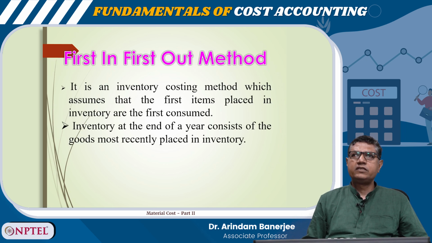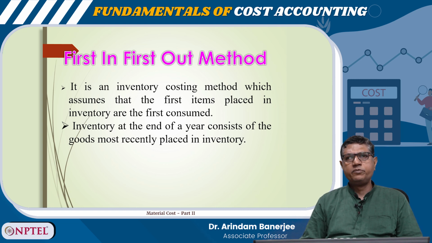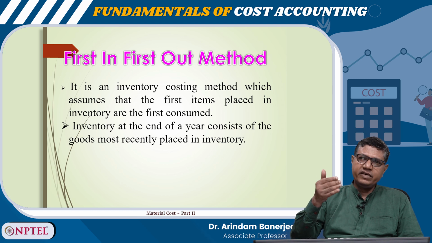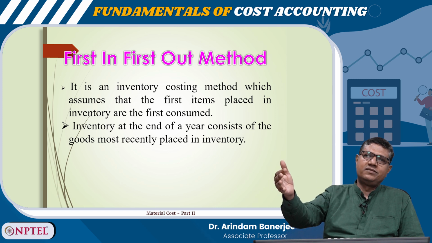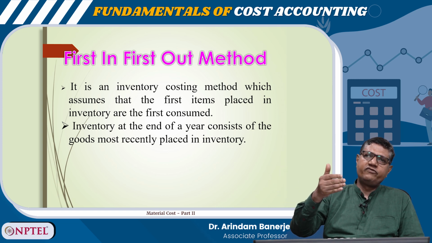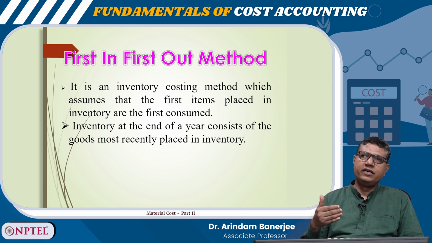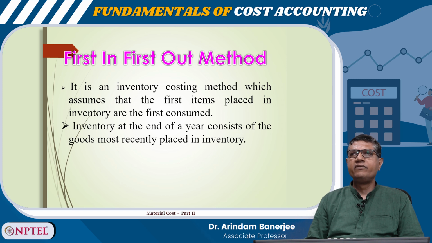First in first out method or FIFO, right. What does it mean? It assumes that the inventory which comes first is also issued first. The inventory which first arrives in store is also issued first. So, it is an inventory costing method which assumes that the first items placed in inventory are first consumed.